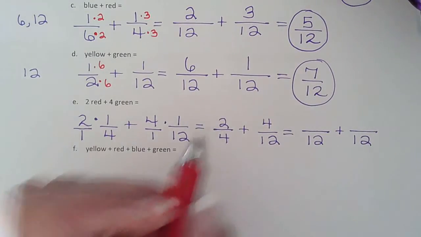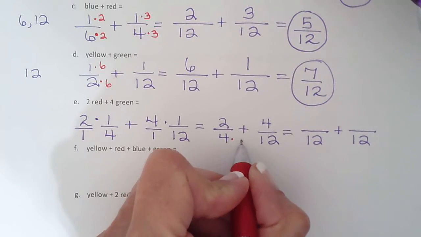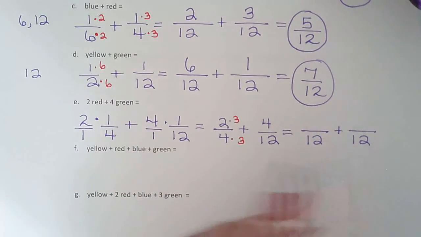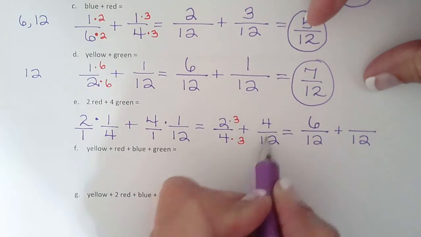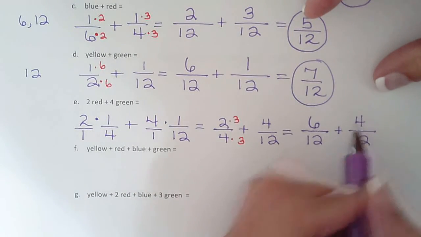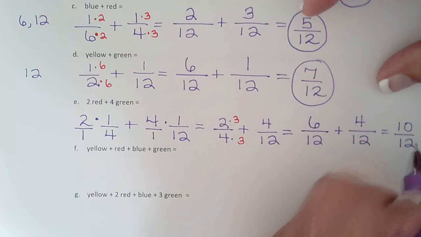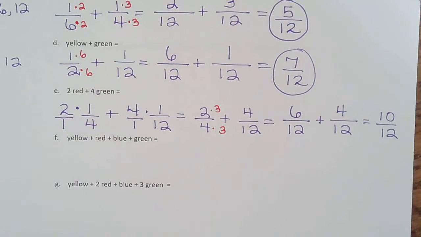So to make this first one 12, 4 goes into 12 3 times. So multiply the 2 by 3, 6. This one already has a common denominator, so it's good. So 6 twelfths plus 4 twelfths is 10 twelfths. So can that one be simplified?